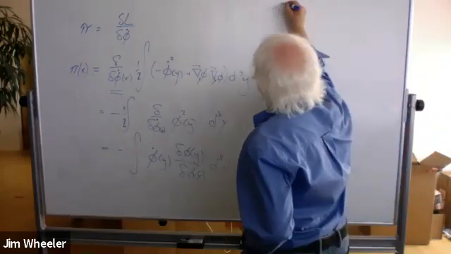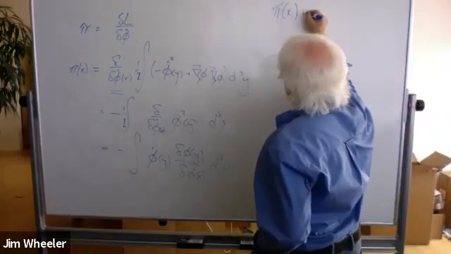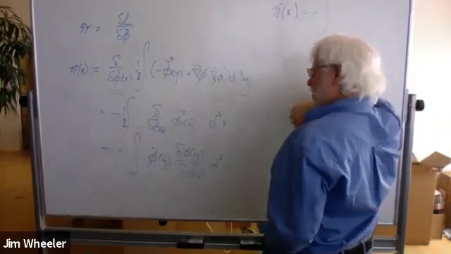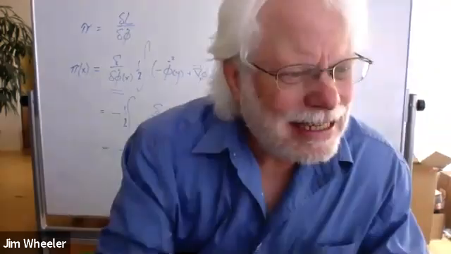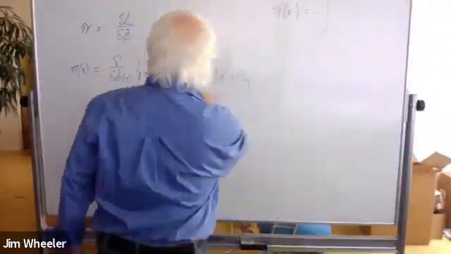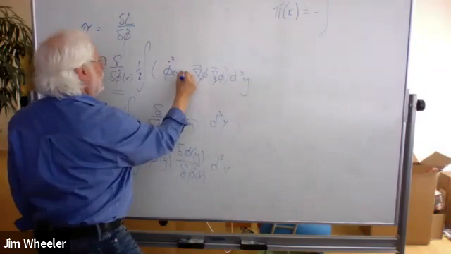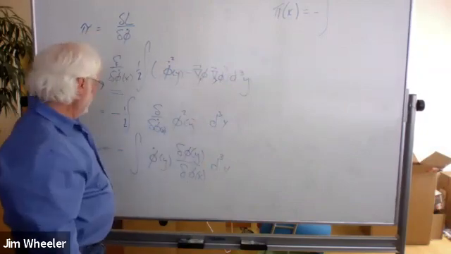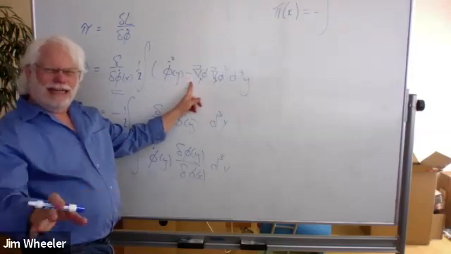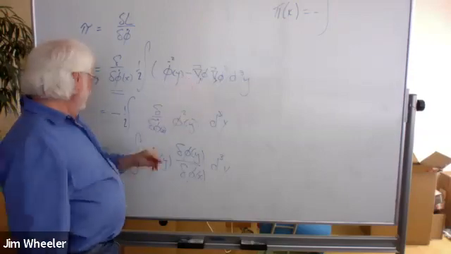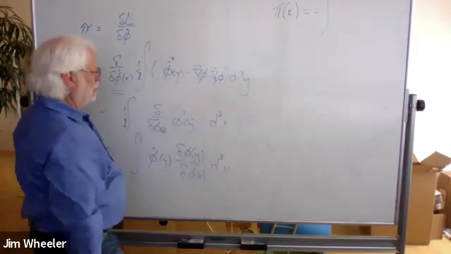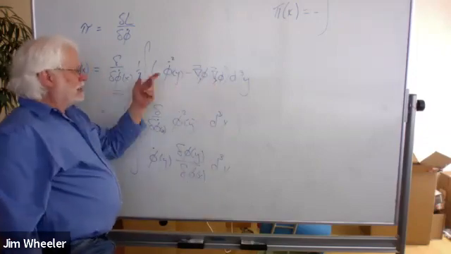So our pi of x is now going to be, oh geez, did I put the minus sign in here? This is another nice reason to use the minus relativist metric. So let's just keep this positive.